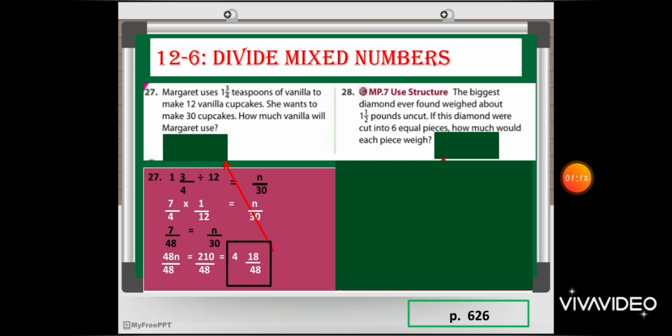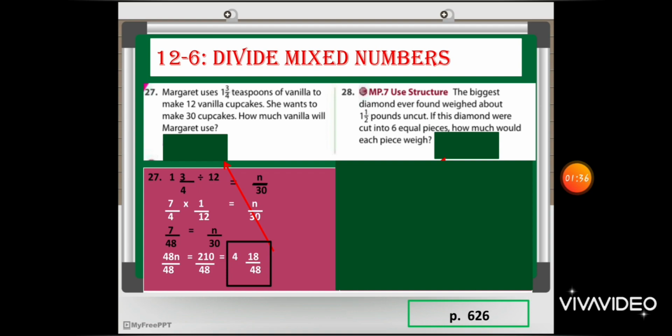So 7 times 1 will give us 7, and 4 times 12 will give us 48. Then this must be equated with n over 30. Multiplying 48 times n will give us 48n, and 7 times 30 will give us 210.